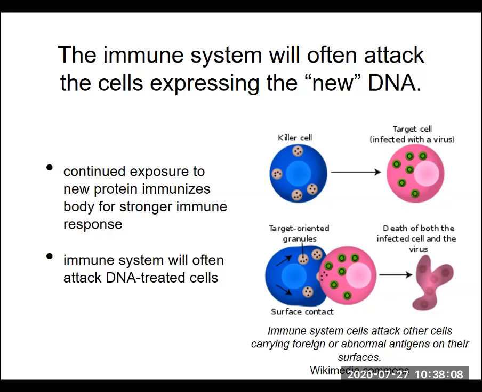And so the more times that you use this virus to treat cells through gene therapy, the greater and greater the immune response you end up mounting. The cells in our body that are good for fighting off pathogens are going to look at those cells that have been infected with the virus and recognize that they're infected with a virus, even though we're doing gene therapy.